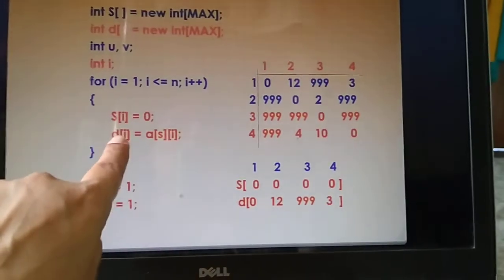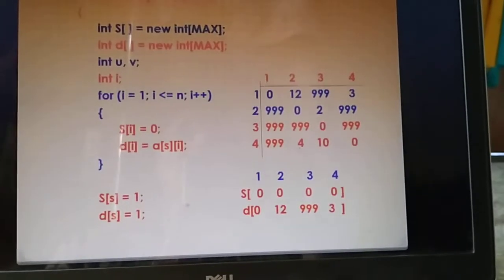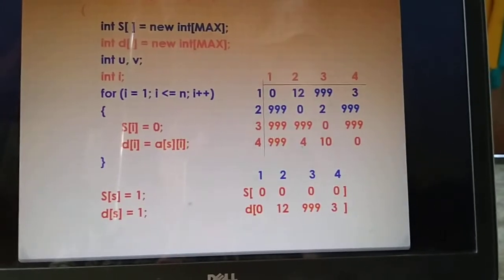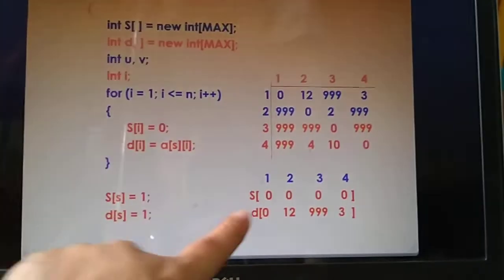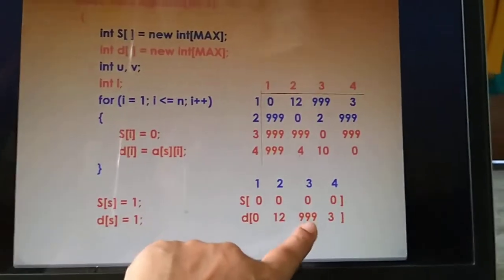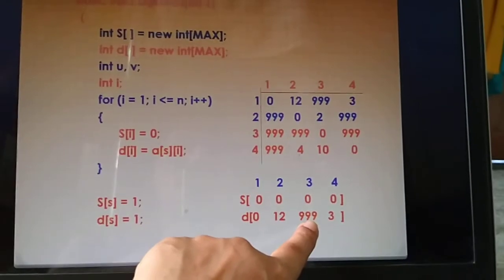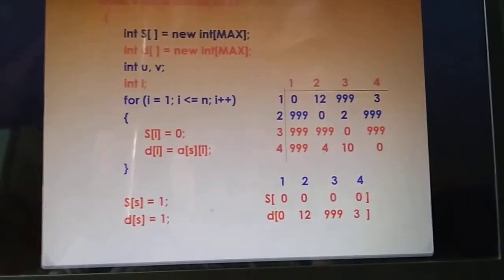And what does D of i represent? It is a distance vector, the distance from the source vertex to the other vertices. Source to source is 0, source to 2 is 12, source to 3 is 999, and source to 4 is 3. That represents the distance vector.